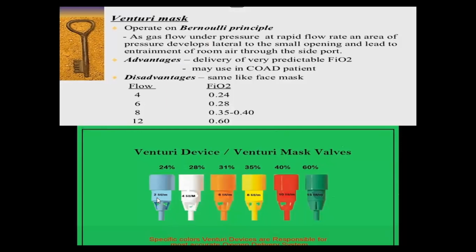So 2 liter per minute for 24% will have a higher hole. You see at the 15 liter adapter, there is no hole, because when you have 15 liter, the oxygen comes at 60%, right? So only a smaller hole compared to the other adapter. The hole will become smaller and smaller. Okay, and this color can change from company to company.